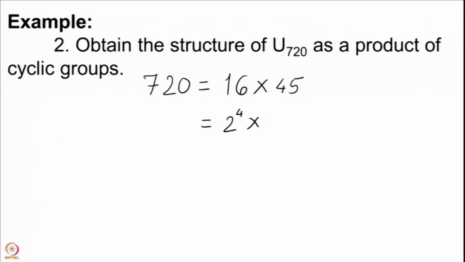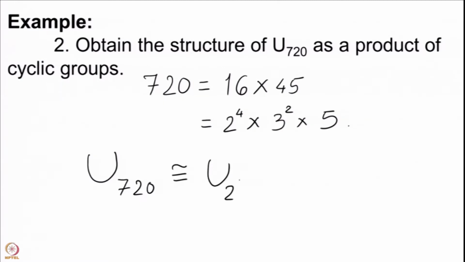into, now 45 has 9 dividing it. So, we have 3 square and then we have 5. This is the prime factorization of 720, and therefore U720 is isomorphic to U of 2 power 4 cross U of 3 square cross U of 5.